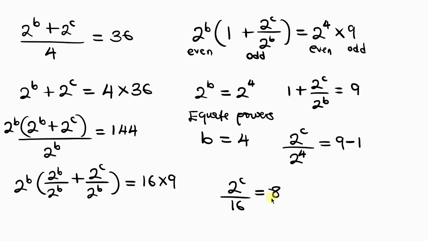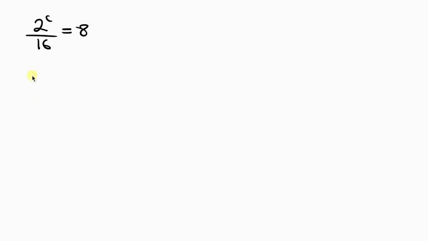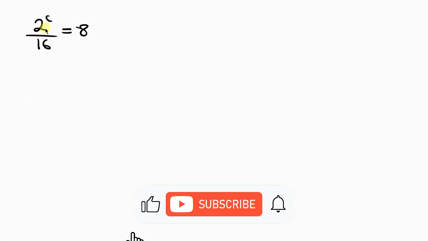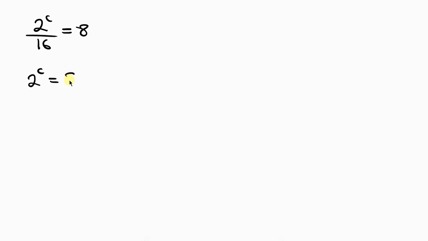Our next step will be to cross multiply, and we're going to be doing that on the next slide. So on cross multiplying, we have 2 to the c to be equal to 8 times 16. So this simplifies into 2 to the c to be equal to 8 times 16 is 128.